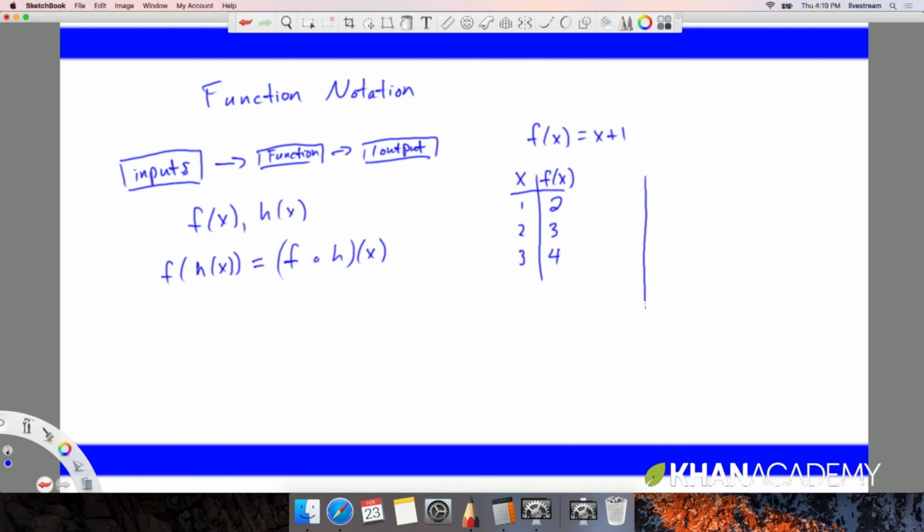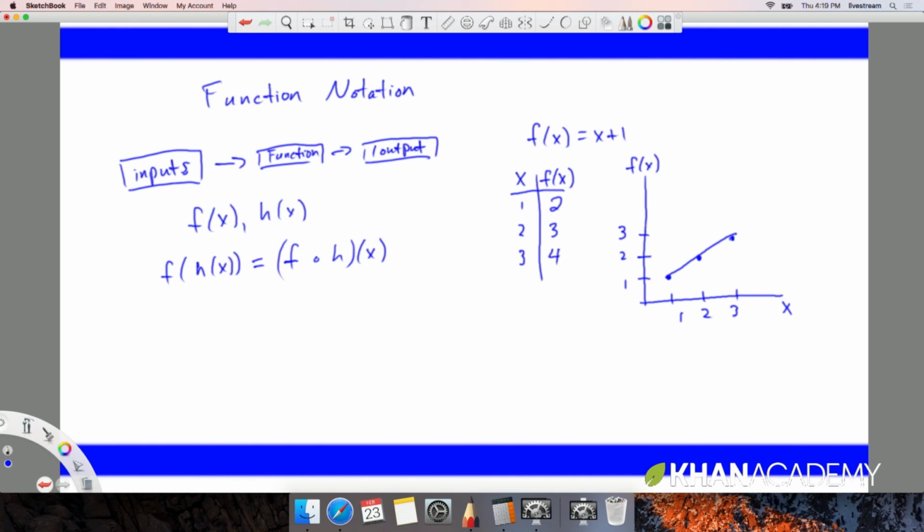And then the last way you might see a function show up is graphically. So here we have a graph where there's x and there's f of x. And for example, there's 1, 2, 3, and you've got 1, 2, 3. For certain values of x, you might have corresponding values of f of x or y.